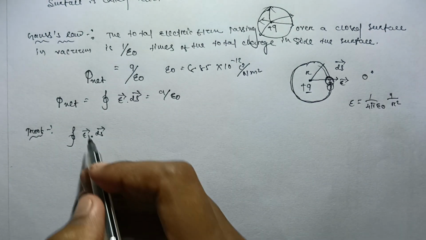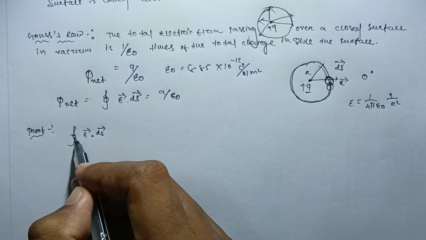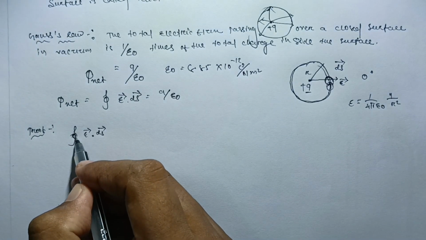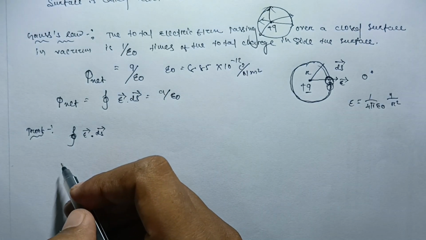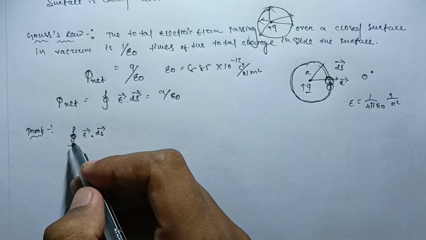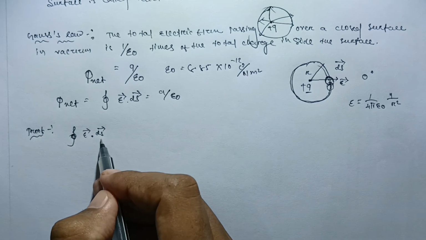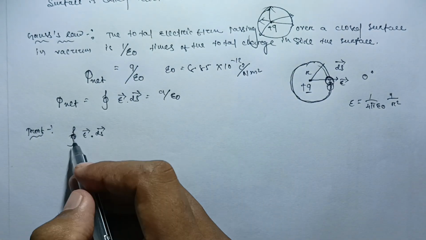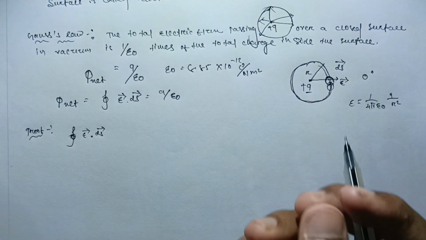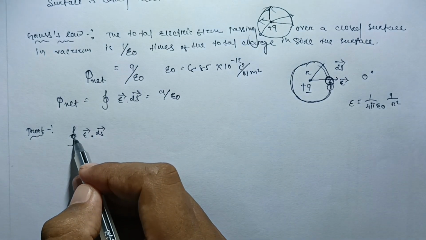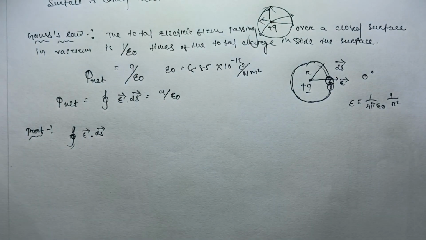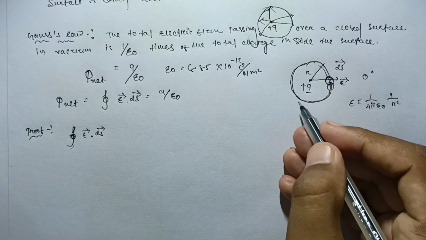So this symbol represents the closed integral, and why do we take the integration symbol? Because there are small areas, so we have to count the sum of all the electric flux. So we take the closed integral, right? We take a closed surface, right?